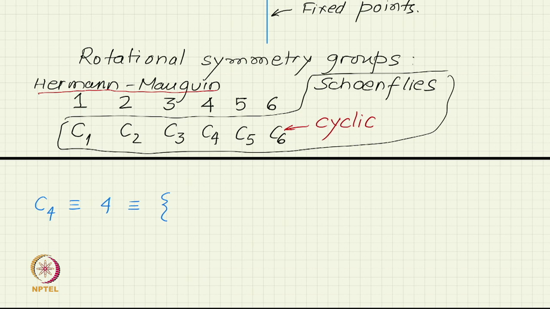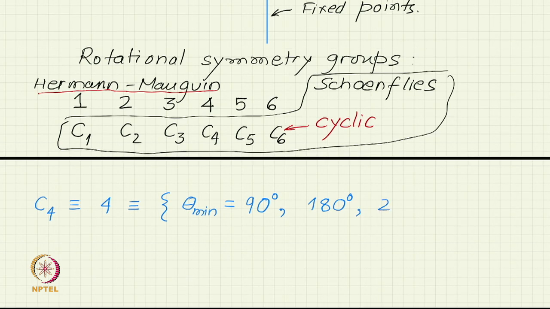And what are those rotations? You had theta min is equal to 90 degrees, but then 90 applied 2 times, 180 degree, also should be in the group by the group property, that the combination of any 2 operations also has to be an operation. So, that is 180 degree.